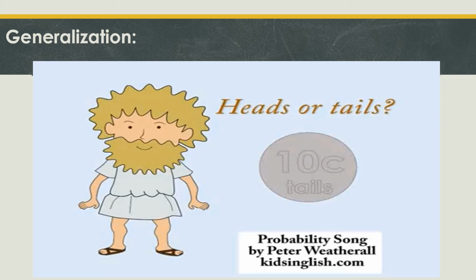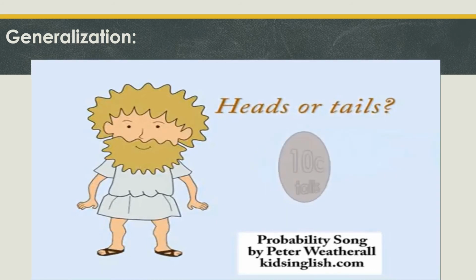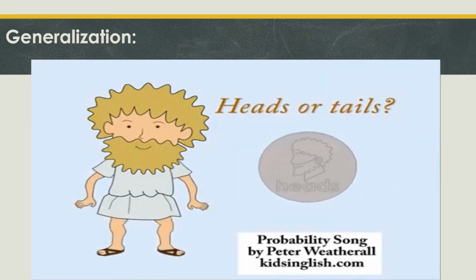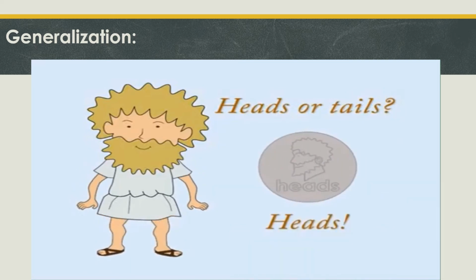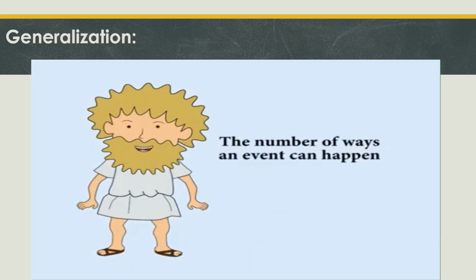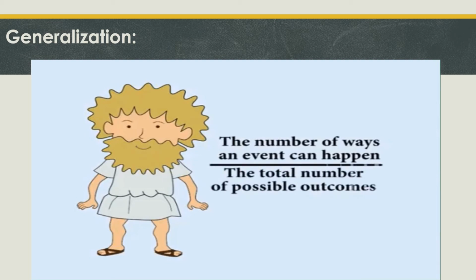To remember our lesson, let us sing the song about probability. The number of ways an event can happen divided by the total number of outcomes gives a fraction.